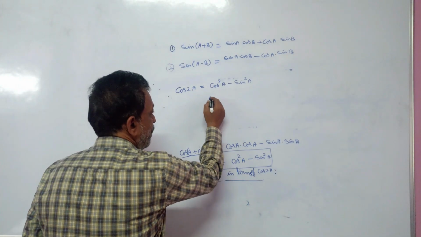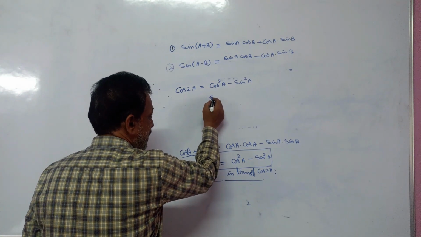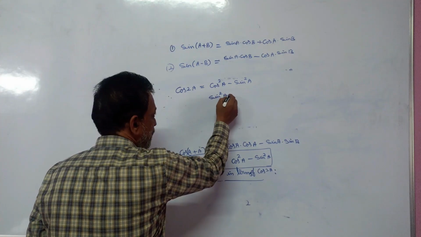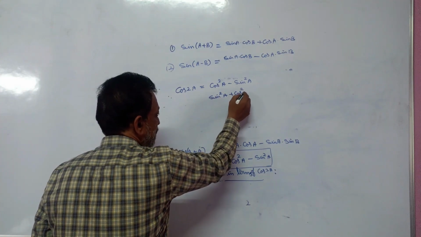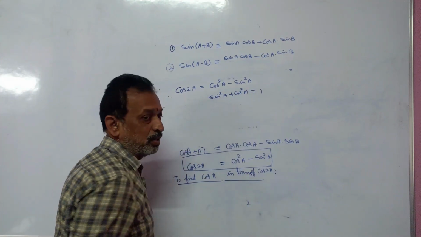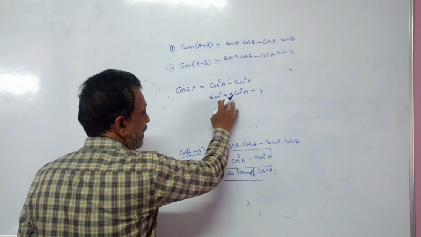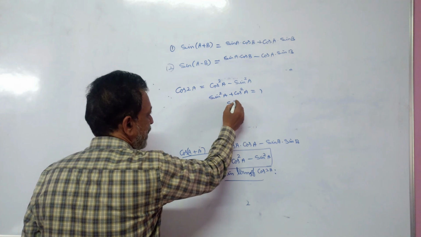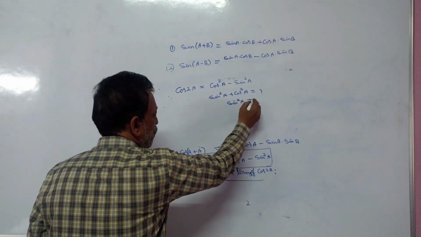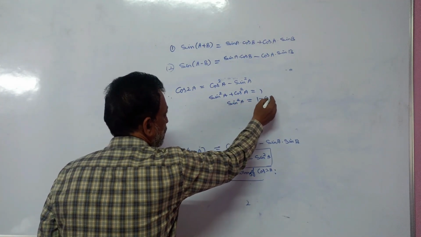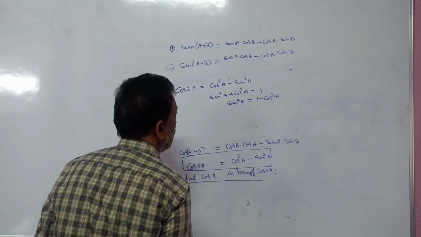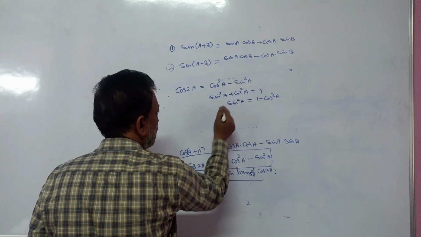So we know sin square A plus cos square A is equal to how much? Equal to 1. Therefore sin square A is equal to how much? Sin square A is equal to 1 minus cos square A. Now substitute here.